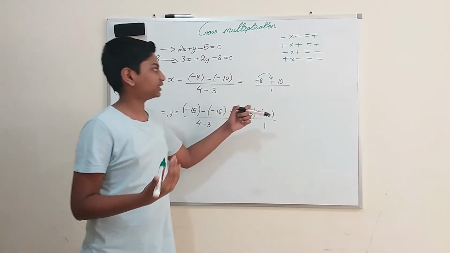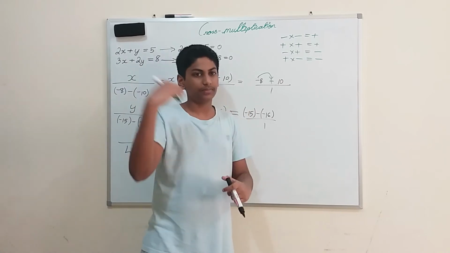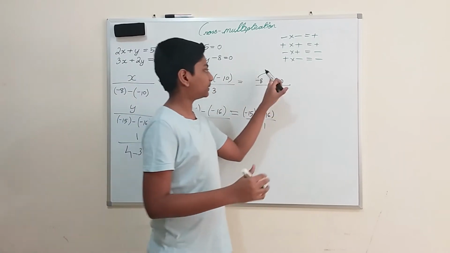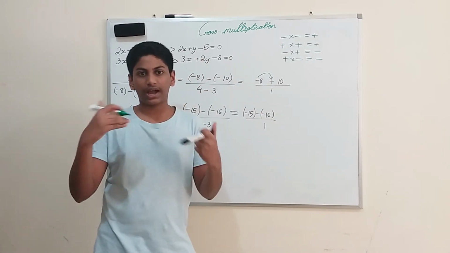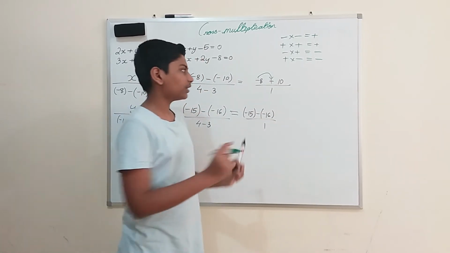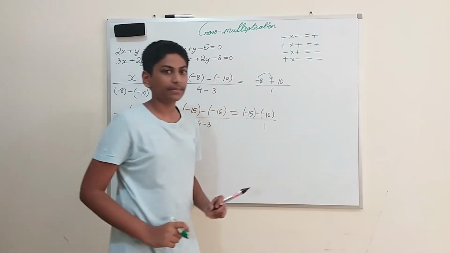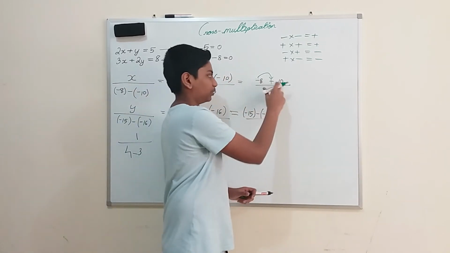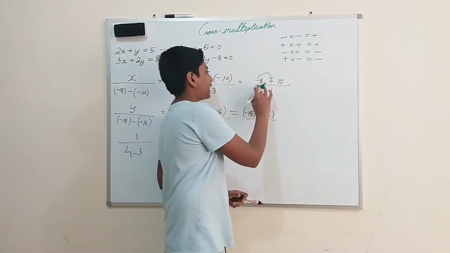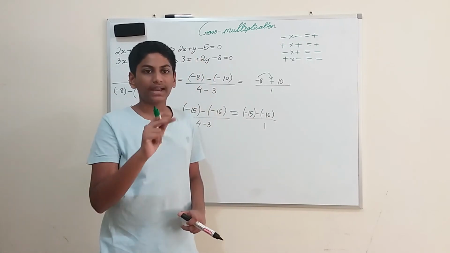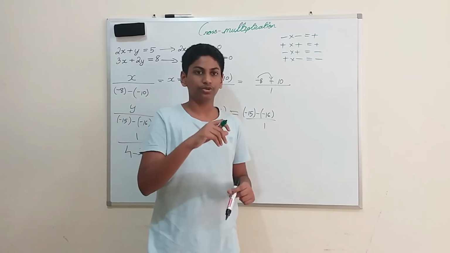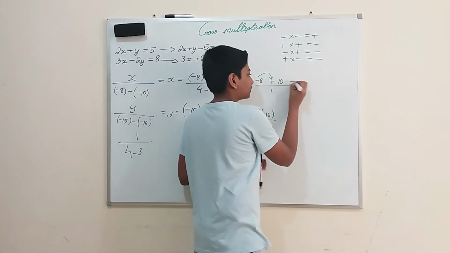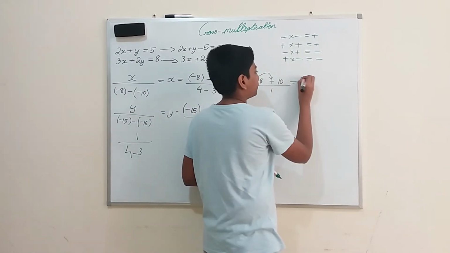We are not going to write it out, but we multiply in our mind for our own good. So minus into plus will become minus, so we subtract these two numbers. 8 minus 10 will get us minus 2, but it will be equal to plus 2.